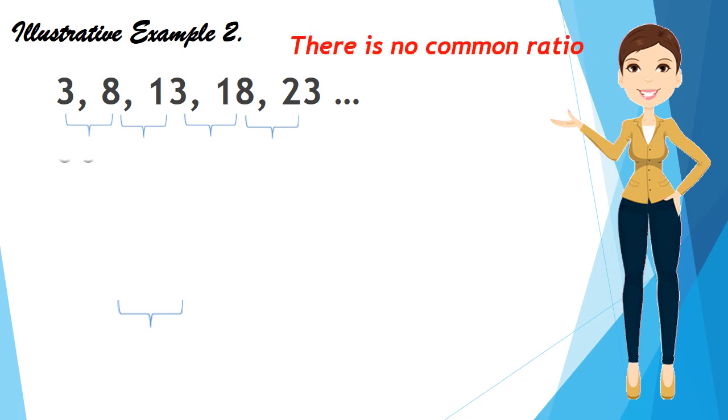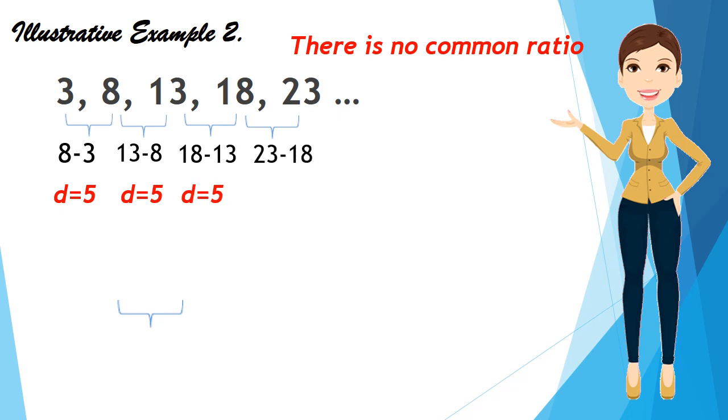So let's say you have 8 minus 3, you have 5. 13 minus 8, the difference is 5. 18 minus 13, the answer is 5. And 23 minus 18, you got 5.